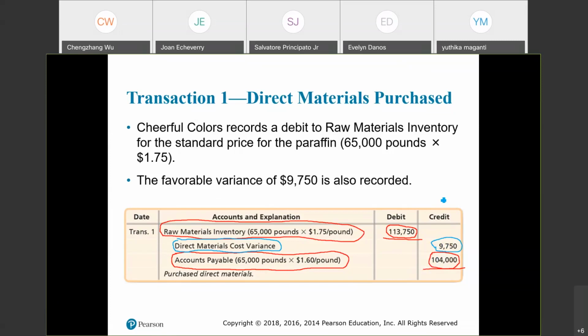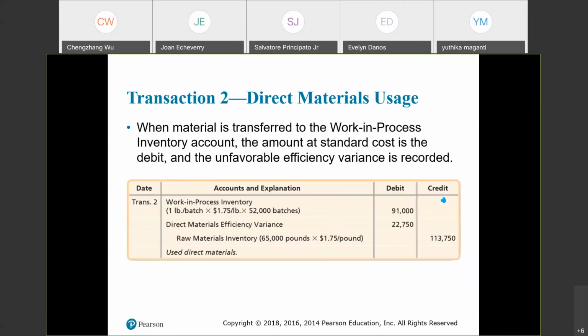Well, this is transaction 1, direct material purchased. Transaction 2, direct material usage.